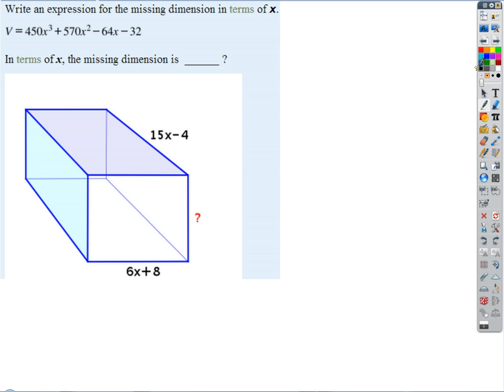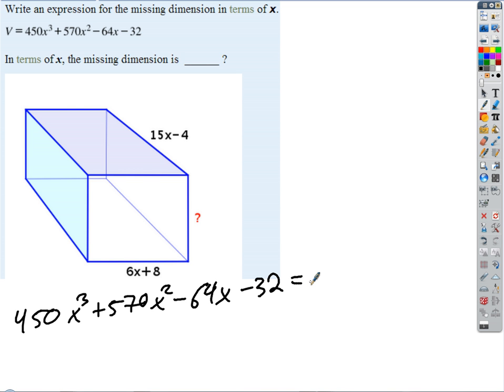But if we did, we would set the volume 450 x cubed equal to.